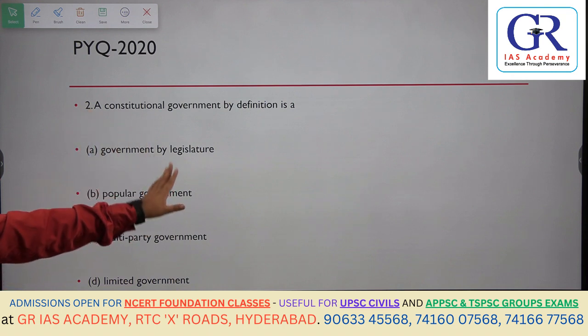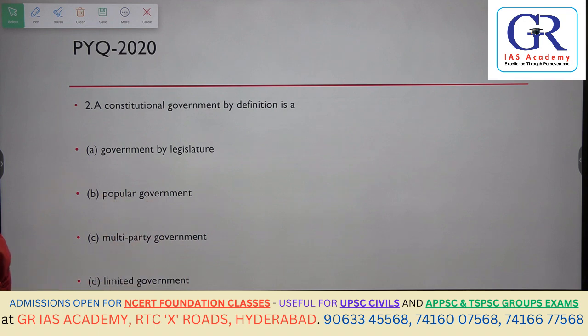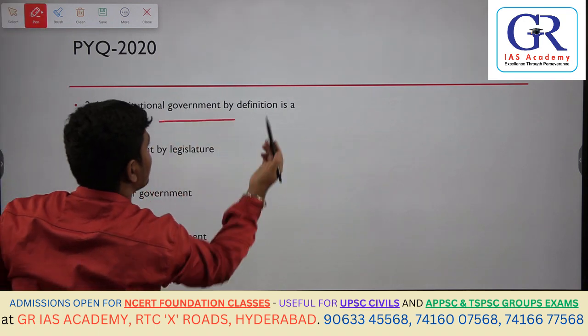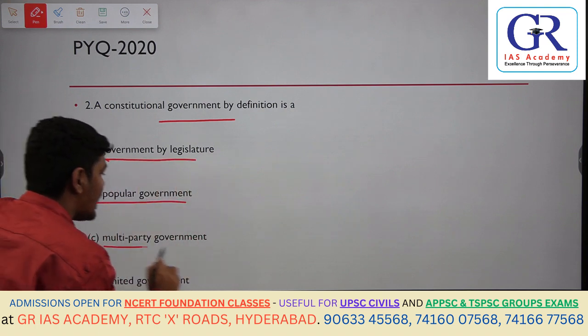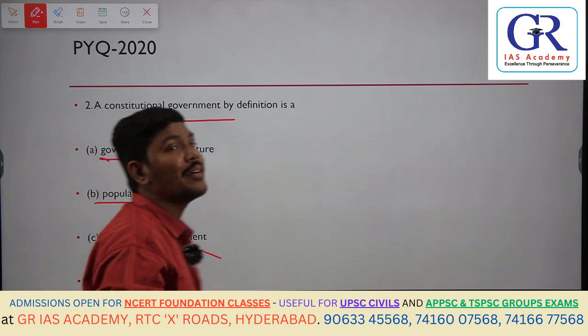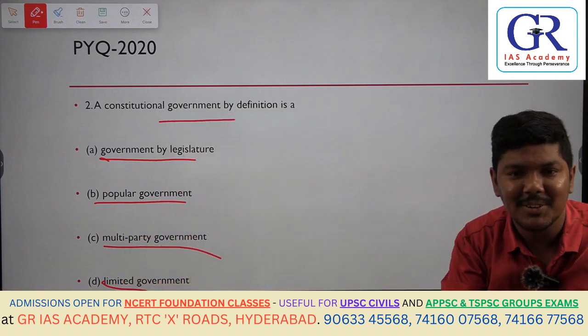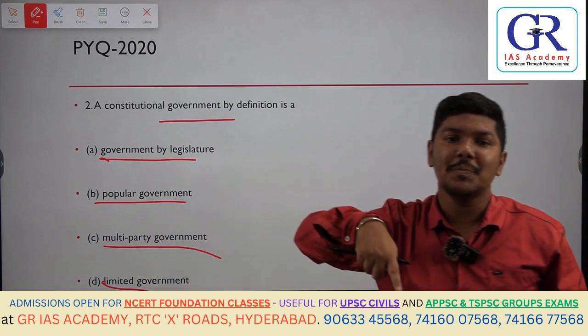This was again the same question, but in a different format, asked two to three years back. A constitutional government by definition is, I think you can easily answer this: a government by legislature, popular government, multi-party government, limited government. What was the answer? Limited government. Absolutely correct. Because why was it limited? Its powers were limited. By whom?